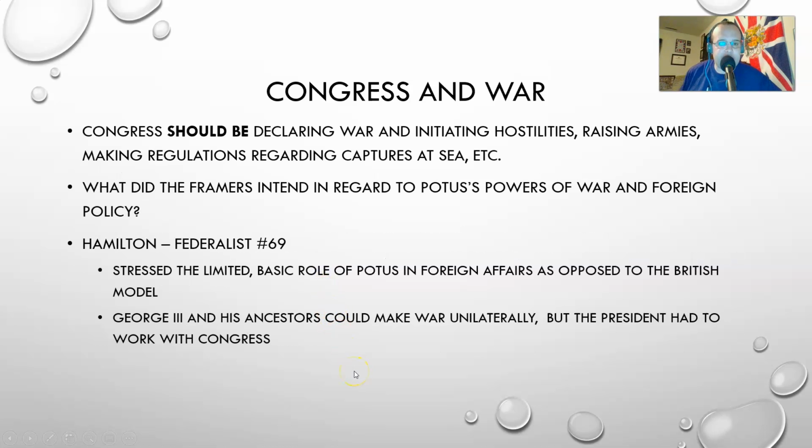So Congress should be declaring war. Congress should be initiating hostilities if they're needed. Congress should be raising armies. Congress should be making regulations regarding captures at sea. Again, this is the system that was designed for us and how things are now, which again, that's a 16-week class.